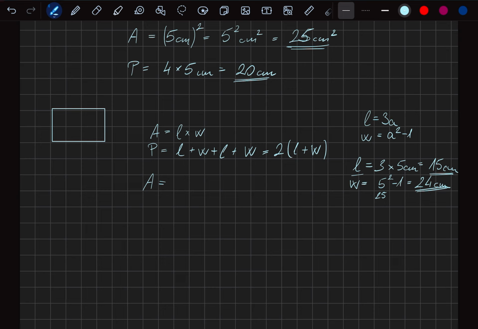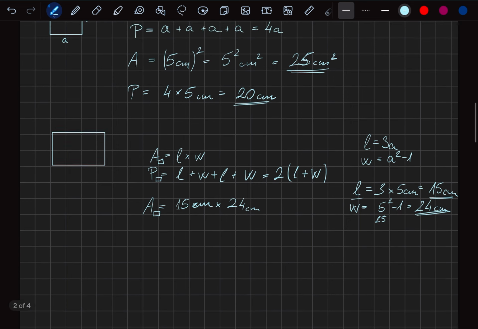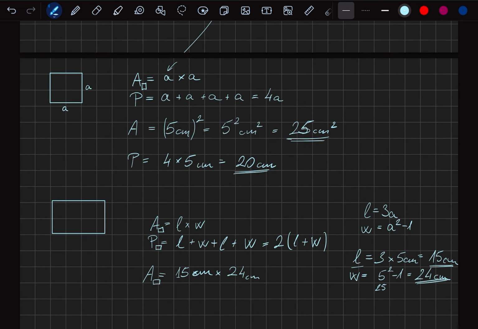Right now this is not the most important thing. 15 centimeter times 24 centimeter. Okay, this is the area of the rectangle, and here was the area of the square, the perimeter of the square.